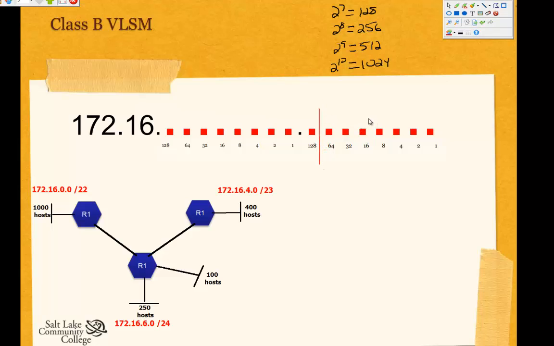At this point, I want you to just forget that you're dealing with a class B address. If this was a class C, you would know exactly what to do. You have 2 networks, and your networks are going to go in increments of 128. So let's just write it out as if it was a class C and not worry about the class B part just now.